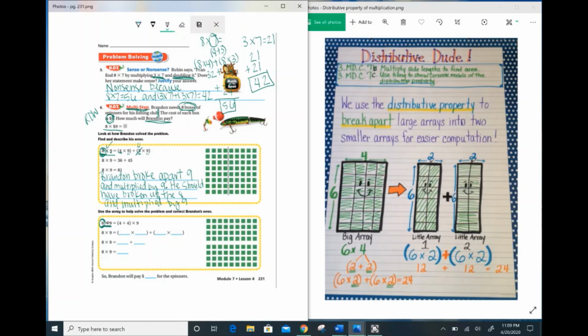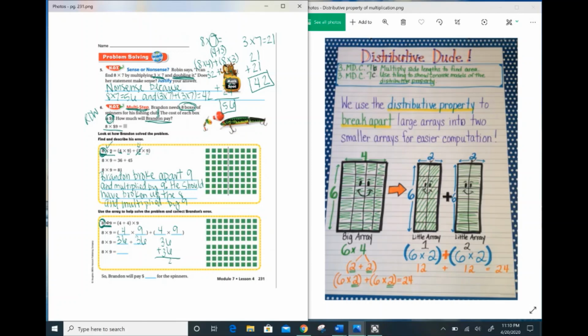Now I know that 4 times 9 goes here, and 4 times 9 goes here. 4 times 9 is equal to 36. And I'm going to add it to 4 times 9. That's another 36. I'm going to go ahead and do 36 plus 36 so I can line them up correctly.